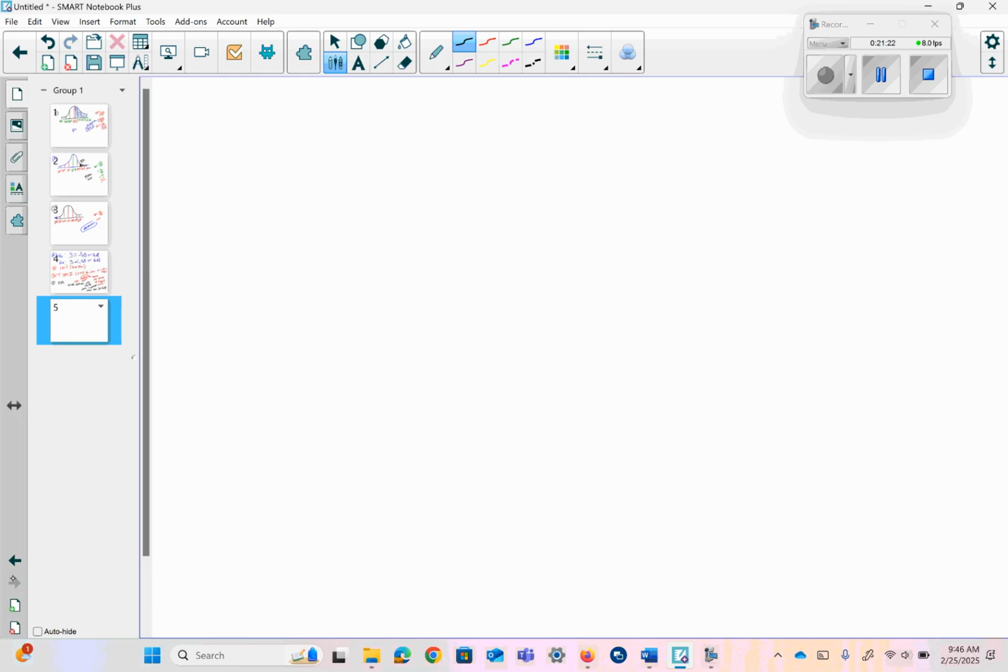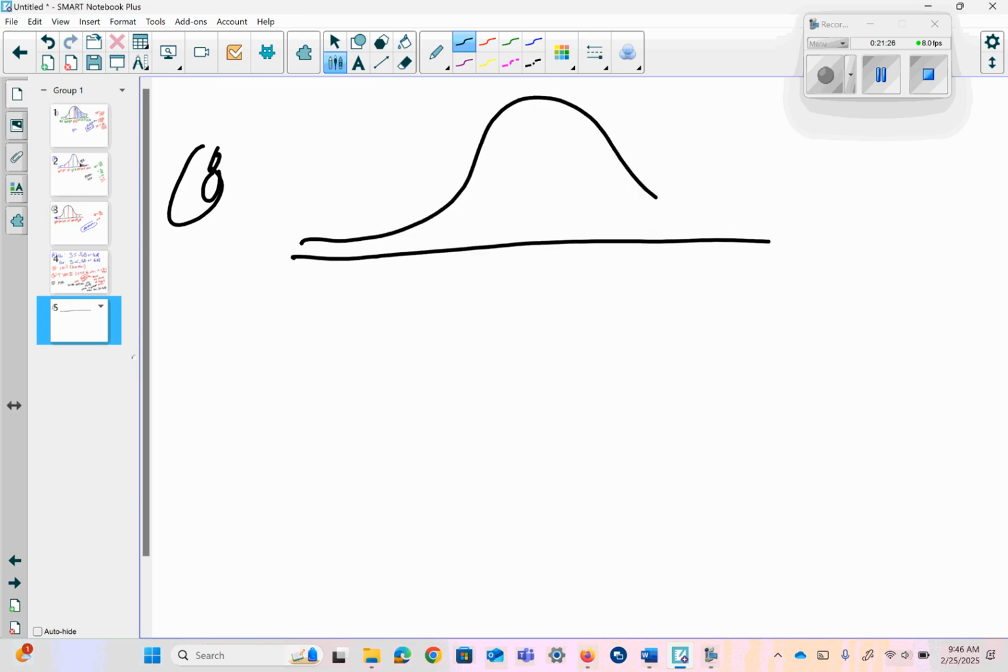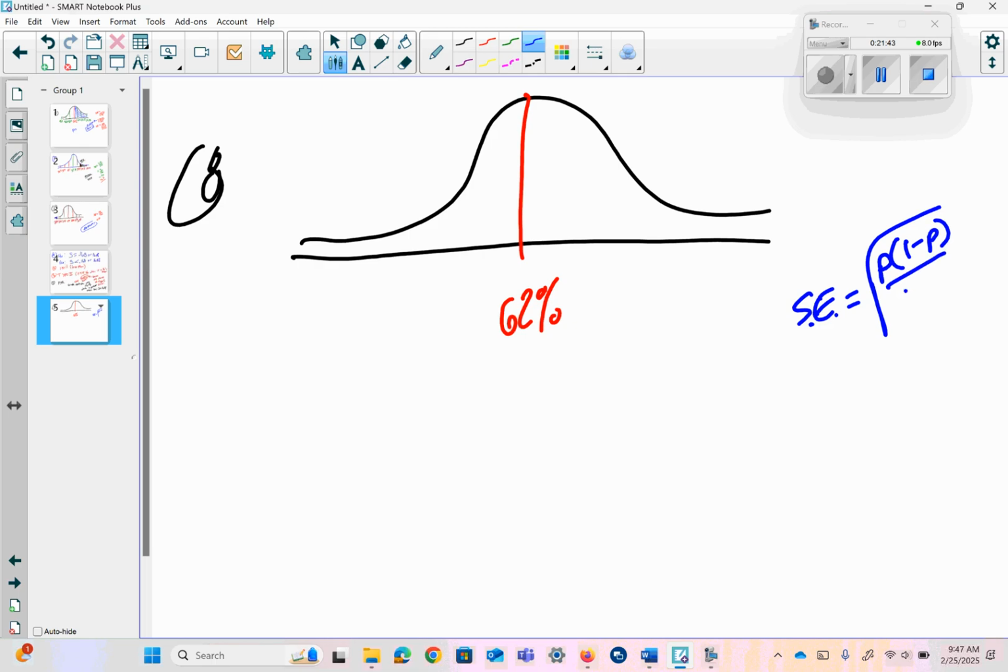All right, so this is number 8. Let's see if we can make ourselves a normal distribution best we can. Our middle is 62%. Now we have to find the standard error. This one's in percents, right? So we go percent, 1 minus percent, over the sample. The percent that they were using is currently 62%.